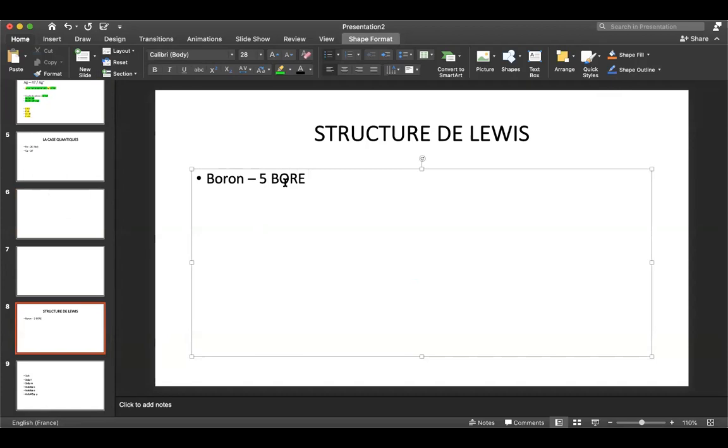What else? Top 10. Lithium, number 3. In French, it's also called lithium.